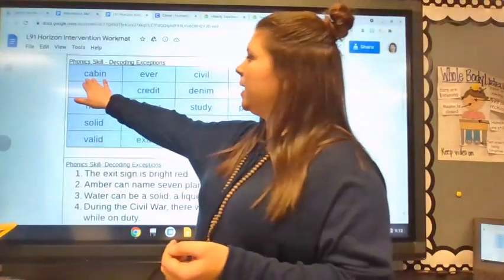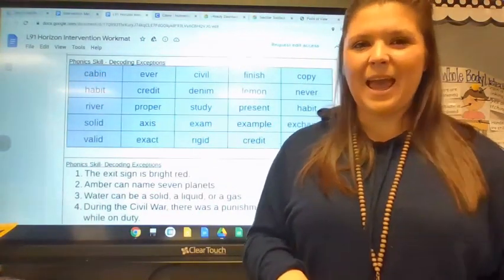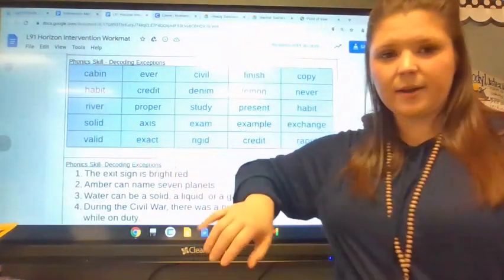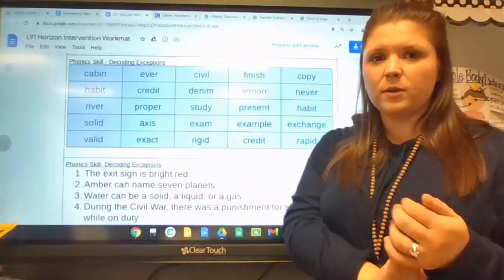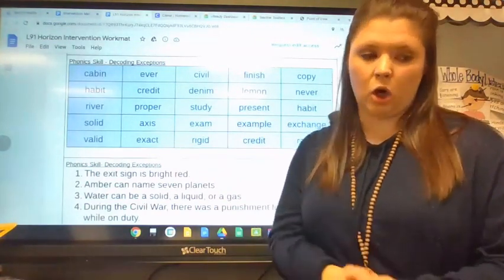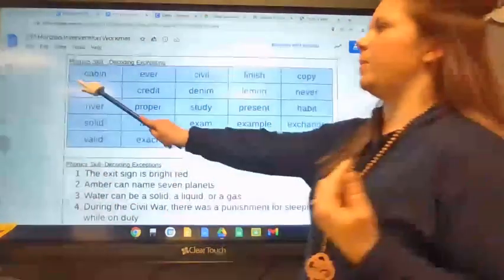All right, so then we have the word cabin. That's not cabin, it's cabin, okay? All right, so remember, if that first vowel sound should be long when you decode it, but it doesn't sound right, you can always shorten it. Let's go through and let's read these words. Ready? Read them with me.